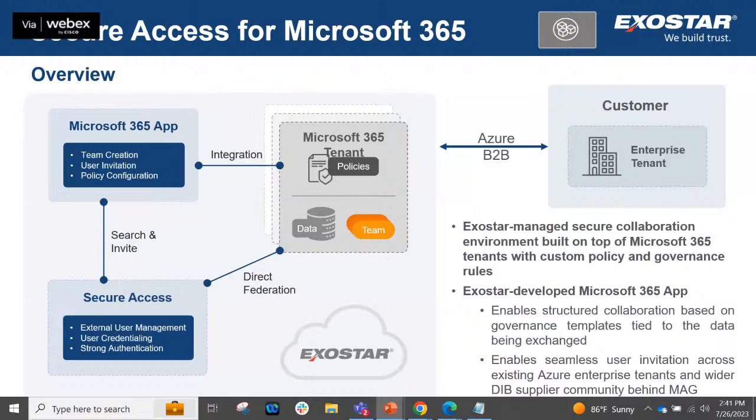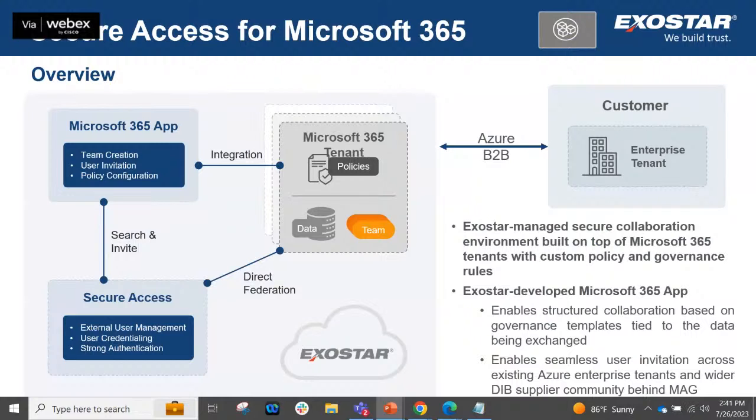If you've got particular partners that you've already established a trust relationship with, who are also in GCC High, and you want to directly invite users through that kind of connection, Exostar can support that as your B2B connection through those whitelisted organizations as well.